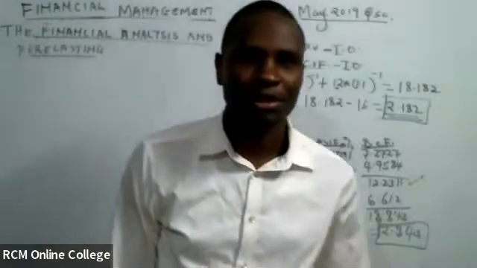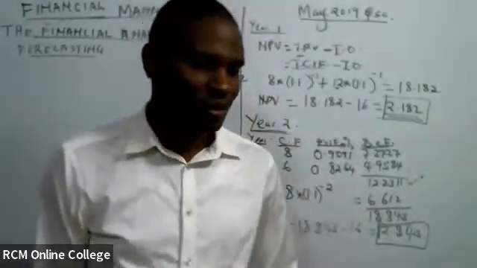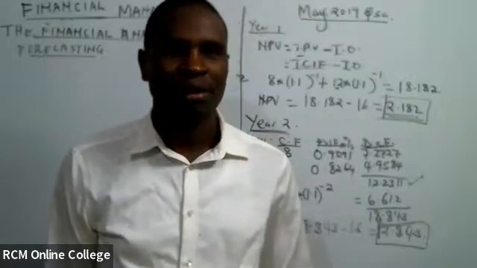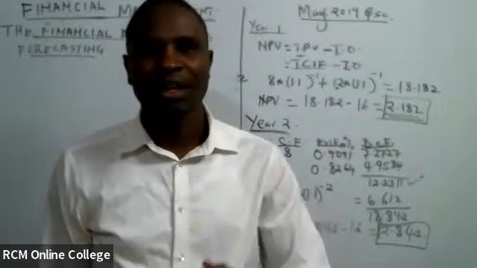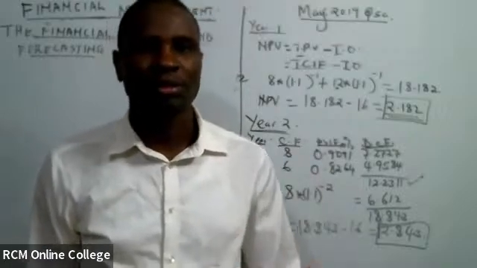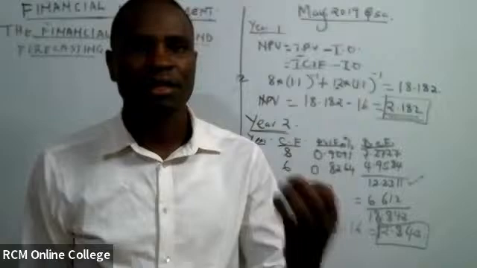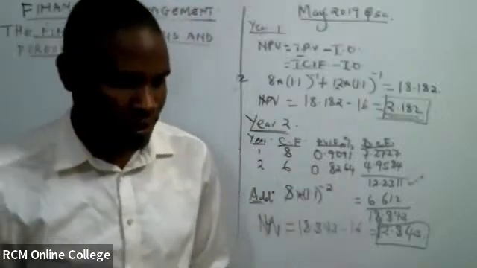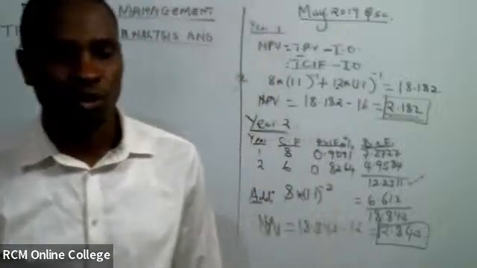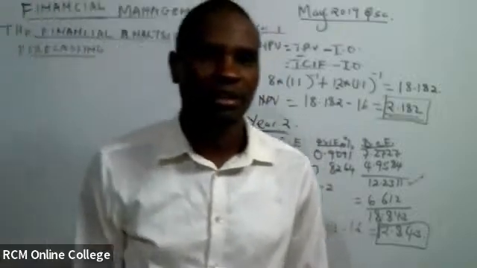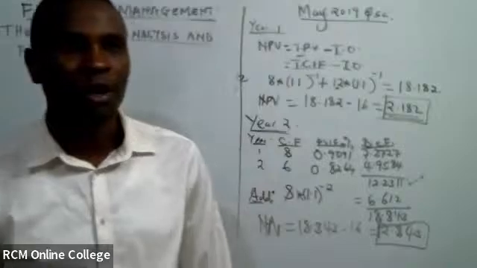In fact, under financial management, we shall not go beyond the statement of financial position. Just look at the income statement and the statement of financial position. The cash flow, where do we look at it? In financial reporting.